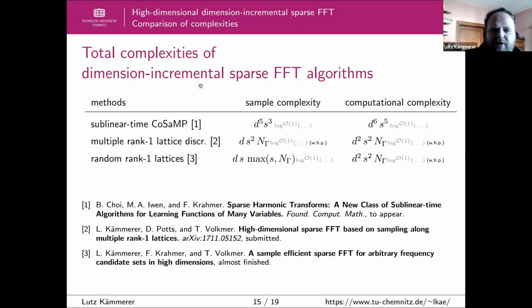Here's a slide about the total complexity of the dimension incremental sparse FFT algorithm, and here I need to say that this work by Bozu and Mark and Felix, they used the cosine algorithm and they used compressive sensing results. Therefore, they have this gap in the sample complexity and computational complexity because they deal with full matrices somehow. But I have to be honest that they have really approximation estimates.